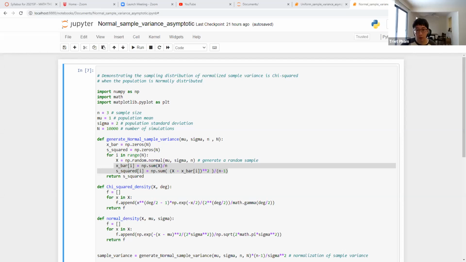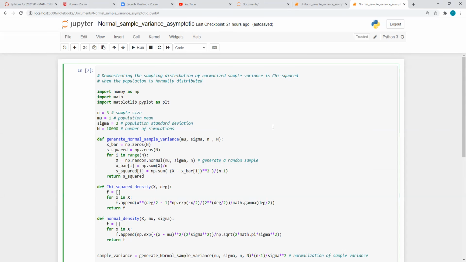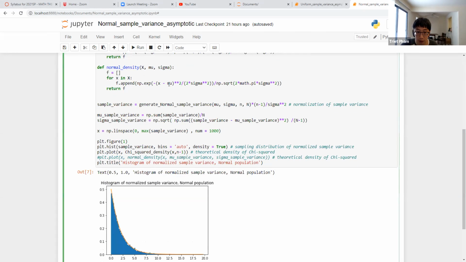Hold on, let me see. All right, can you see the screen here from my code? Yes. Okay, thank you. This is the normal population. So this is the classical result. I have a normal assumption.